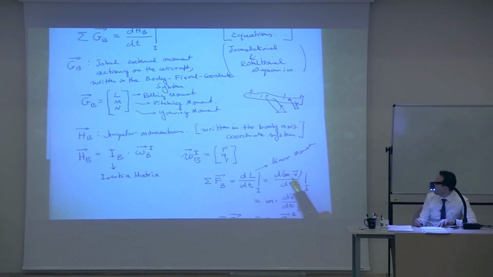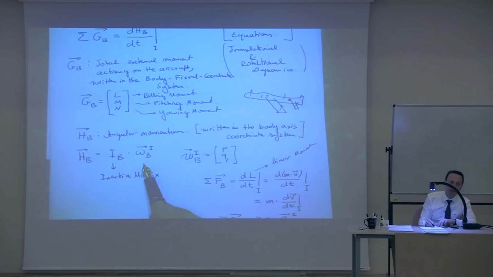So instead of linear momentum now, what you have is angular momentum. Here you had mass times velocity, that's linear momentum. In the angular momentum, you have inertia matrix times angular velocity. Not linear velocity, but angular velocity. Not the translational velocity, but the angular velocity. So inertia times angular velocity gives you angular momentum.